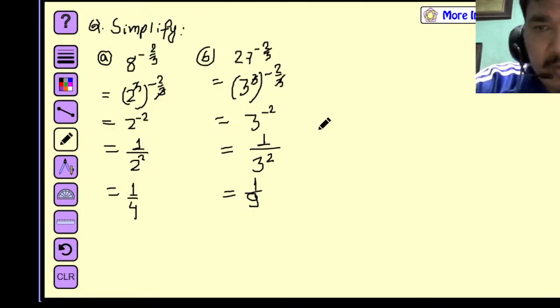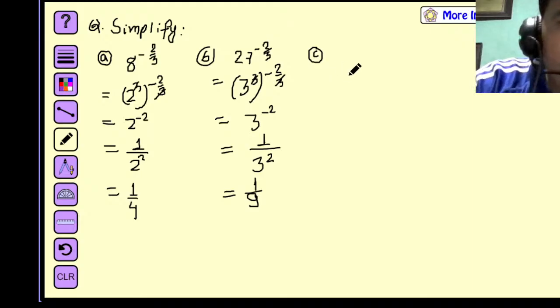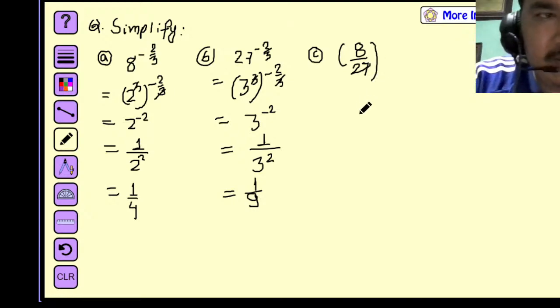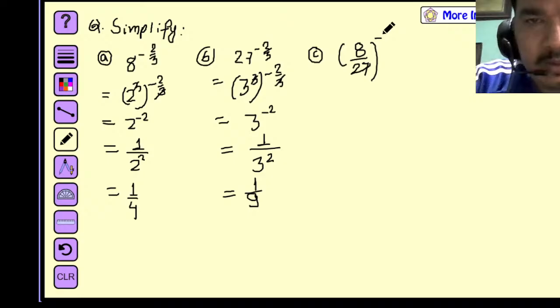And suppose here I am solving the next type of question. Okay, in this question, suppose it is asked like this, what will you do? 8 by 27, and its whole power is minus 2 by 3.